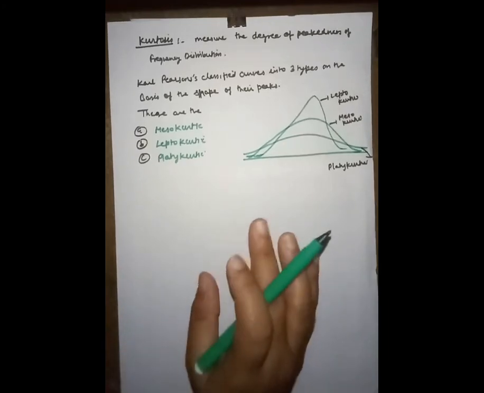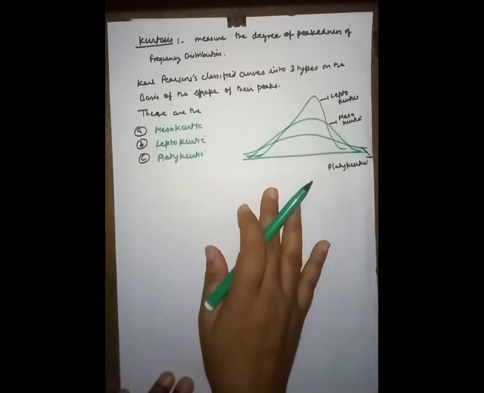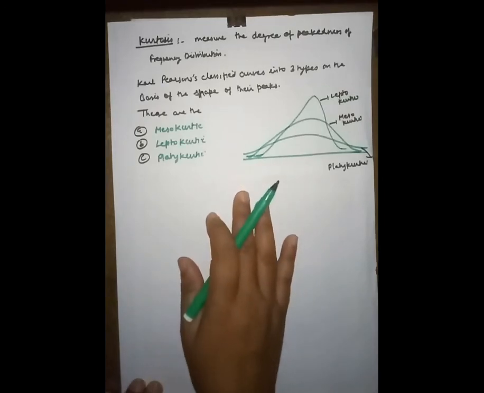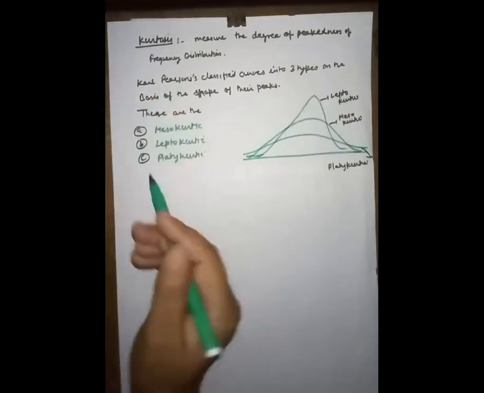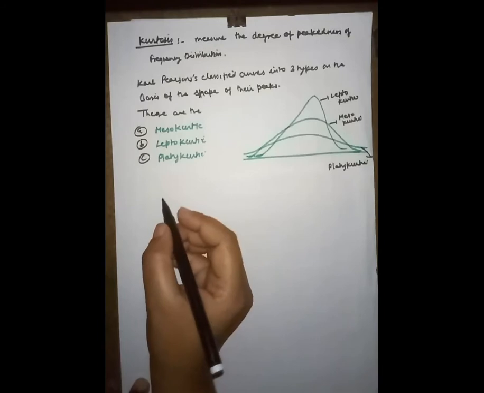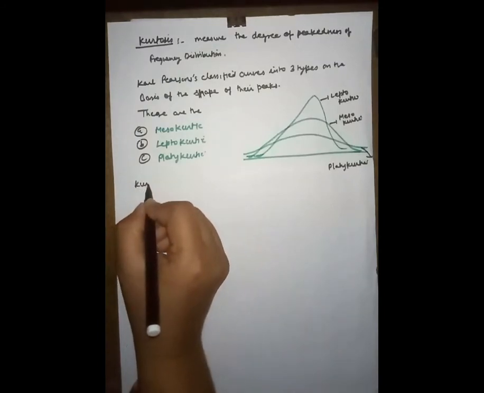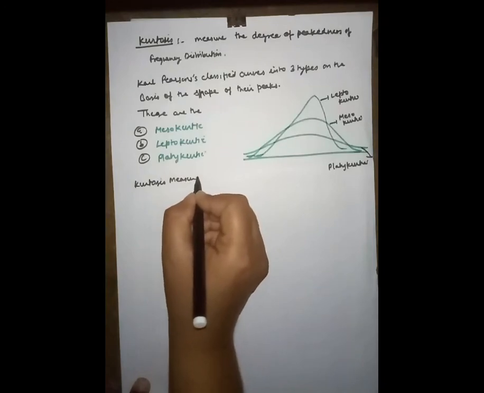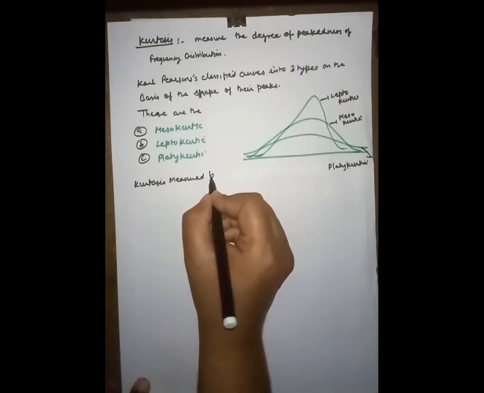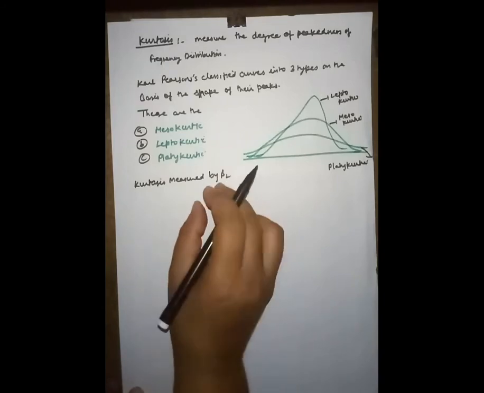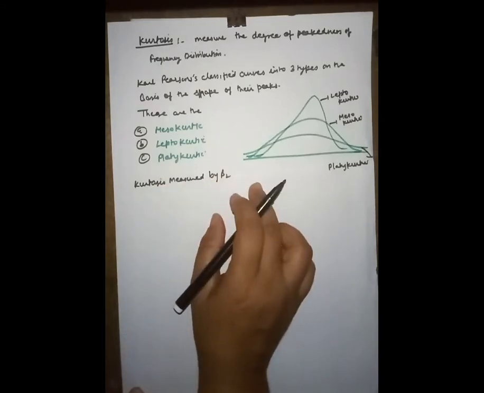For this, first you understand how to measure kurtosis. So friends, kurtosis is measured by beta 2, or you can say kurtosis is defined by beta 2.